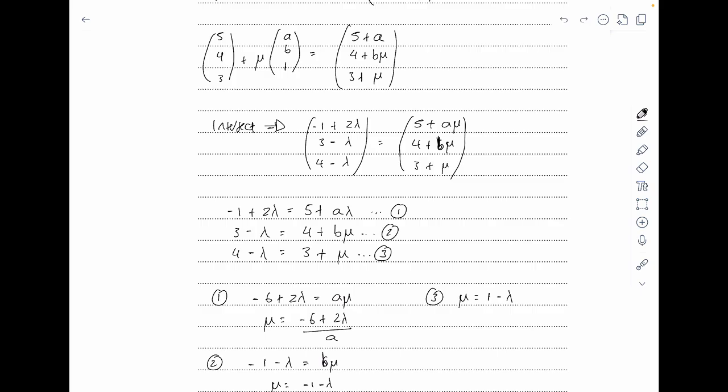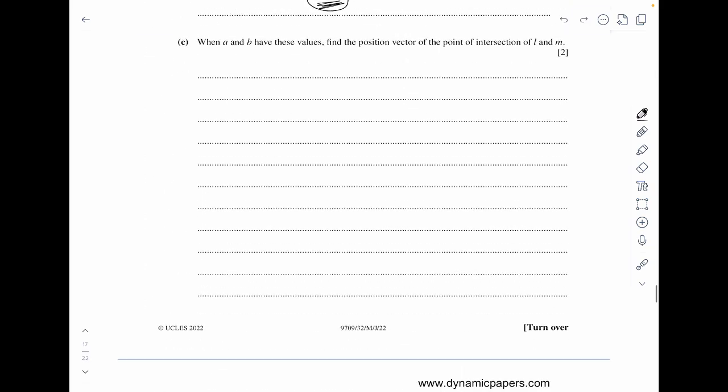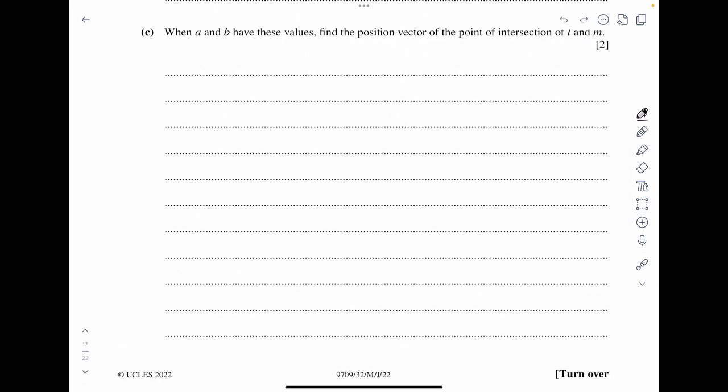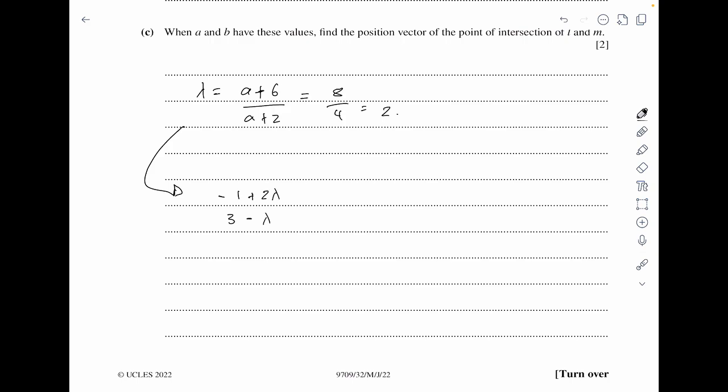So if we find lambda, lambda is equal to A plus 6 over A plus 2, which equals 8 over 4, which equals 2. Therefore, applying this to a point of intersection, minus 1 plus 2 lambda, 3 minus lambda, 4 minus lambda.